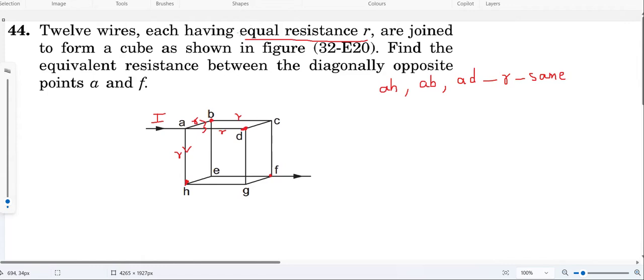The current is getting divided there, and when the current is getting divided and the drop is absolutely same, between AB, AD, and AH in the primary step, you can see they are going to be in parallel, and each branch having same resistors.